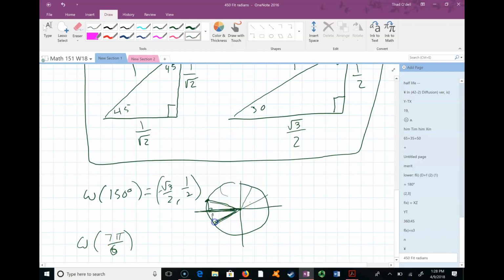And again, that's a 30, 60, 90 triangle with a 30 angle down there. So this is the short side, because that's 30 degrees. This is the short side, so that would be 1/2, which happens to be the y-coordinate. And that's the long side, so that would be rad 3 over 2. And since you're going to the left, that would be negative. And since you're going down, that would be negative.